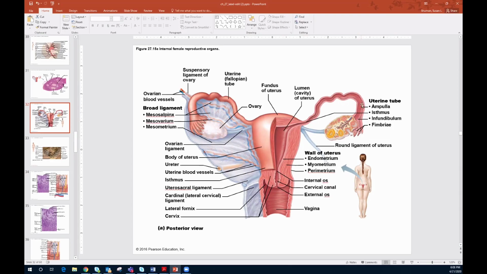We feed the cells around the oocyte. Now, we also have peristalsis because this smooth muscle here is going to make sure that we create a current of muscle contractions to move the oocyte along.